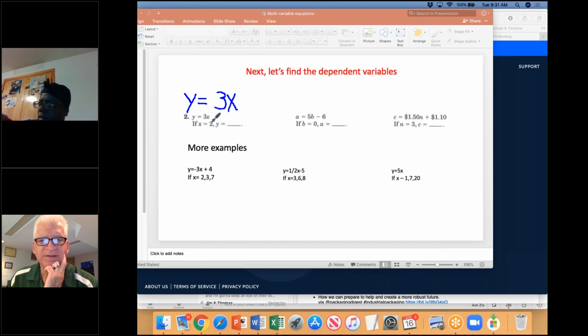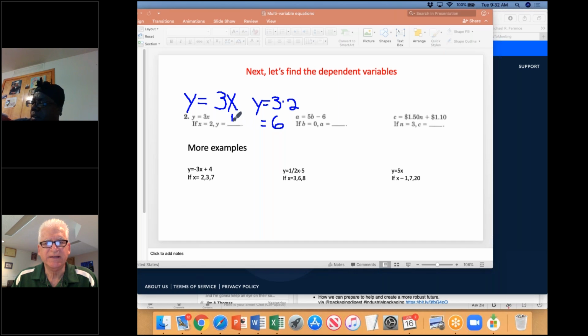All that simply means, Natasha, is that if x equals 2, we're going to substitute the 2 in for the x, and we're going to have an equation that says y equals 3 times 2, which is 6. So the answer to the first problem is very simply y equals 6.